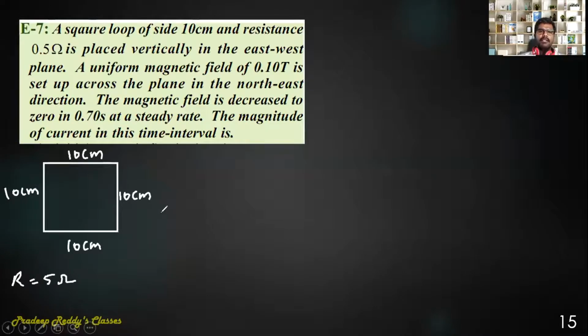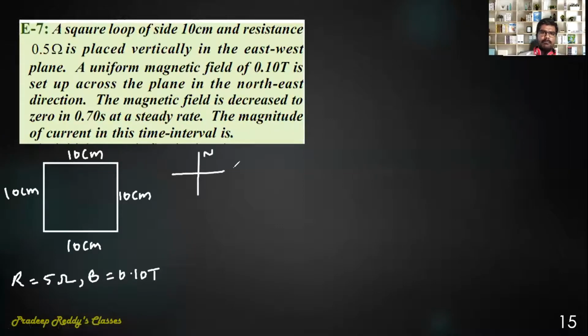It is placed vertically in the east-west plane. The uniform magnetic field B is given. It is 0.10 Tesla, set up across the plane in the northeast direction. So the magnetic field is in the northeast direction.